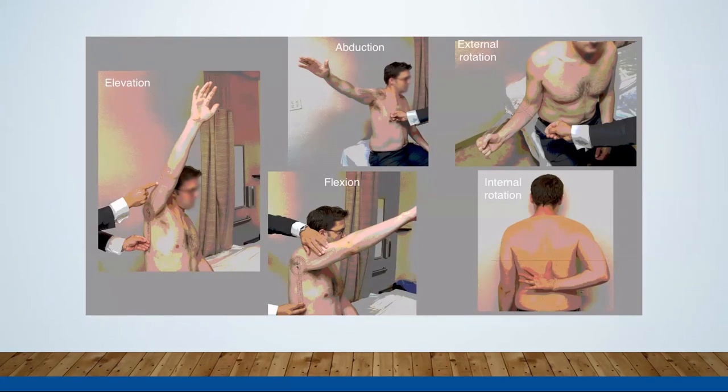You're not going to see elevation on the MBLEx. Just be careful of the words that are described in your question. We're typically going to be doing flexion and extension, but I wanted to give you a few visuals on the humerus.